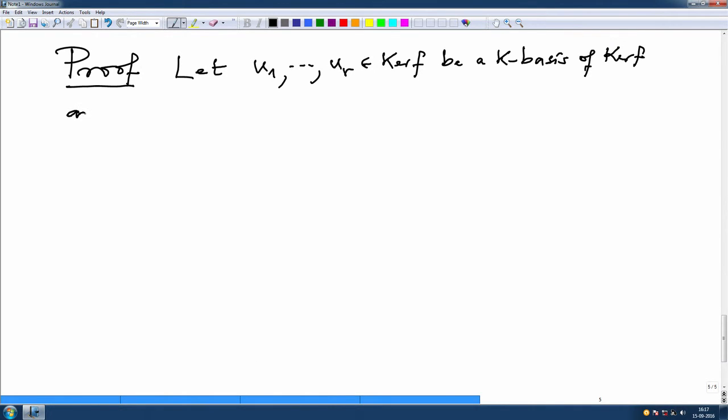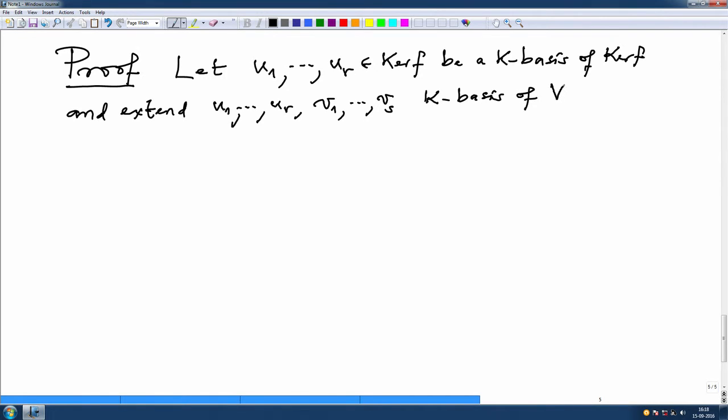So, extend U1 to UR by adding some more elements. Let me call the extra elements V1 to Vs. I have added extra vectors and extended this to a k basis of V.